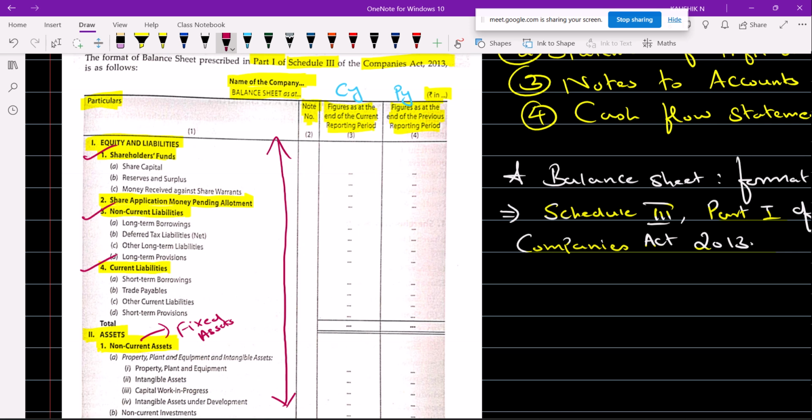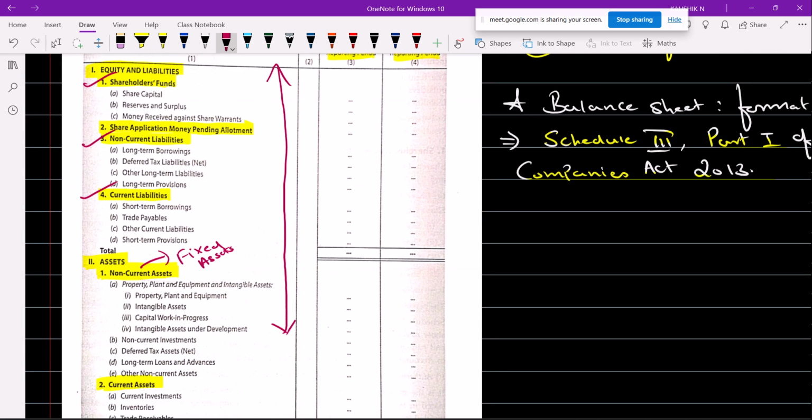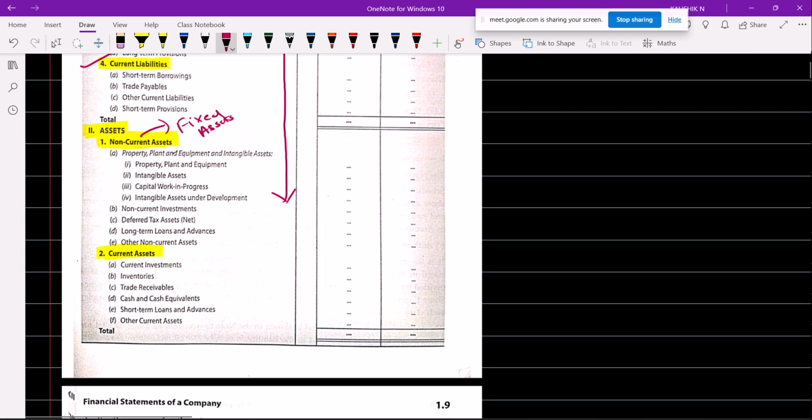1, 2, 3, 4 goes for liabilities. Accordingly, shareholder funds, share application money pending allotment, non-current liabilities, and followed by that should be current liabilities. Then in the asset category, the first item should go for non-current assets, followed by current assets. You cannot swap the positions.